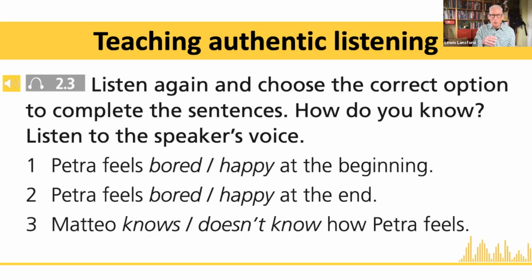So question 1 is, Petra feels bored or happy at the beginning. Question 2, Petra feels bored or happy at the end. And question 3, Matteo knows or he doesn't know how Petra feels. So listen to the words, especially the words that Petra says, and think about the emotion, think about the relationship, think about what's being communicated.